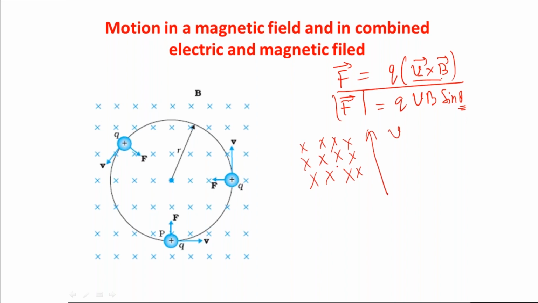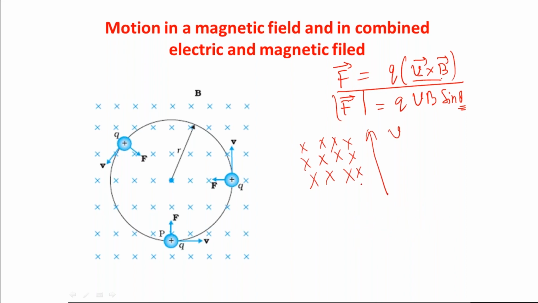As you know, if I have a cross b, and the product of a cross b is c, then c will be perpendicular to the plane in which a and b lie. Okay, that is the thing. Now in this case, both are perpendicular.